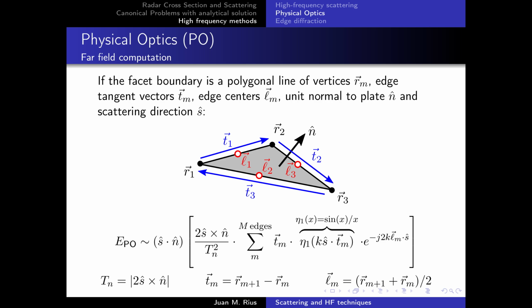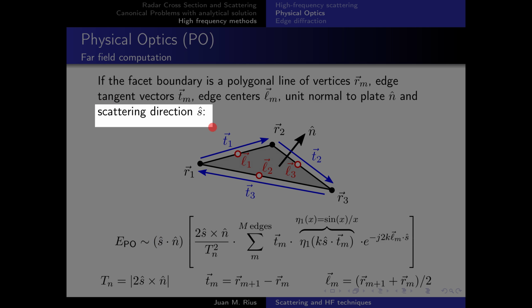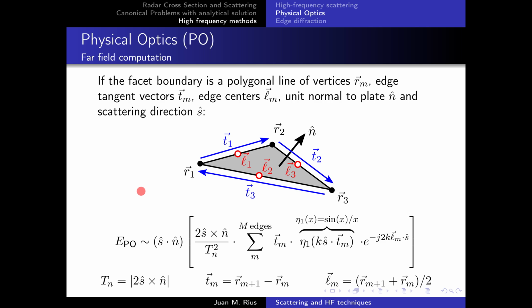So with this very simple formula, where S is of course the direction of observation, the scattering direction, we can write a computer program for computing physical optics.